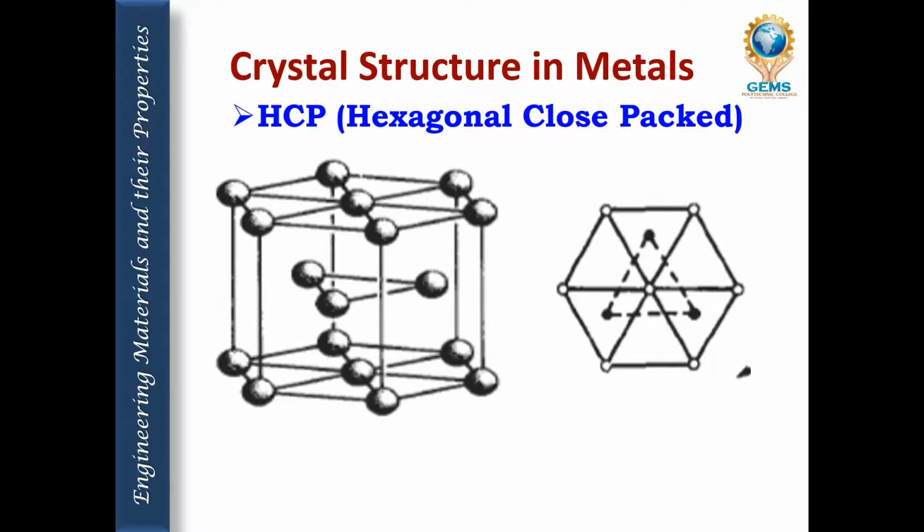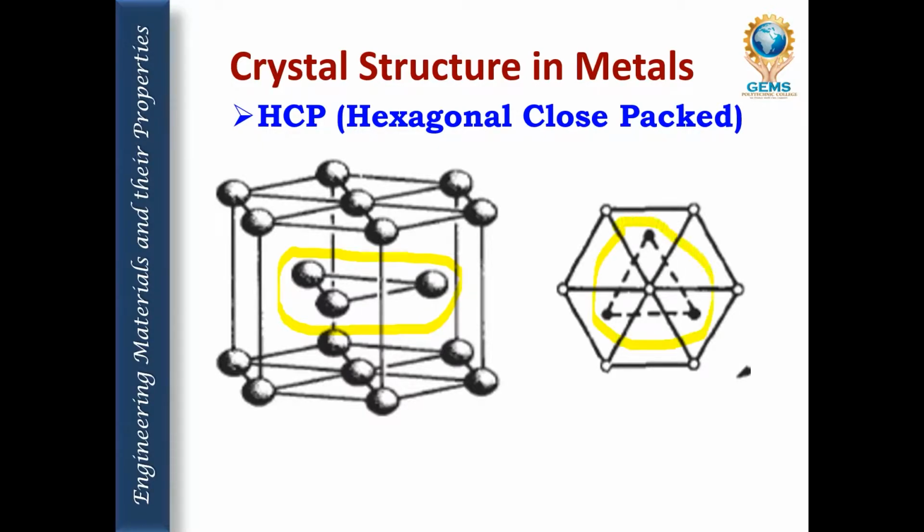This is the center atom, on the face side of the hexagon. This is the top view, where you can understand, because there is a triangle over here, and there is a triangle over here. This triangle is basically this triangle.